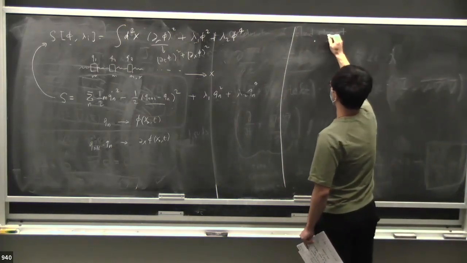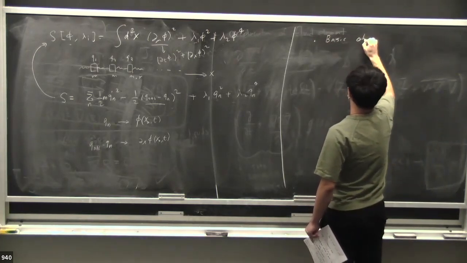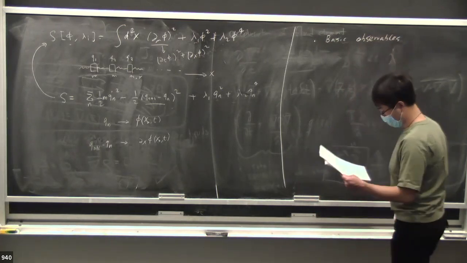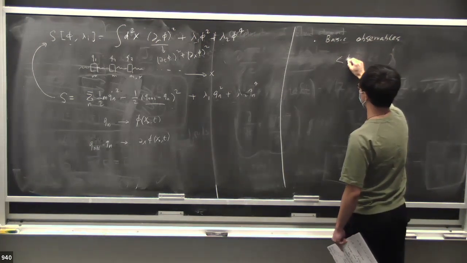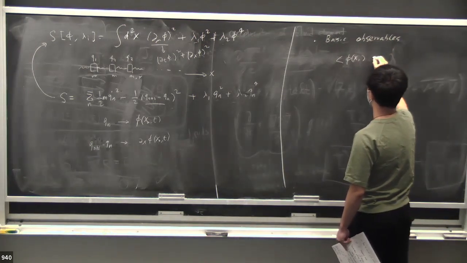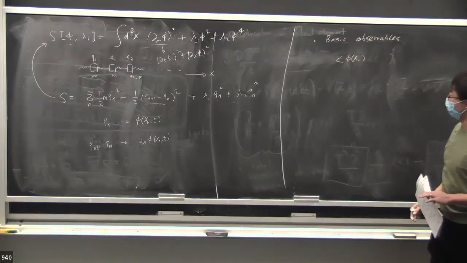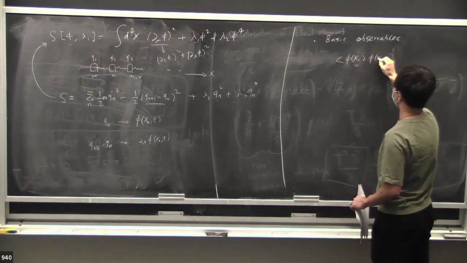So what are some basic observables in quantum field theory? In quantum field theory, the basic observables are what's known as the correlation functions. So you have a bunch of quantum fields, which you can choose to insert where they are in space-time, the x1, x2, and so on.